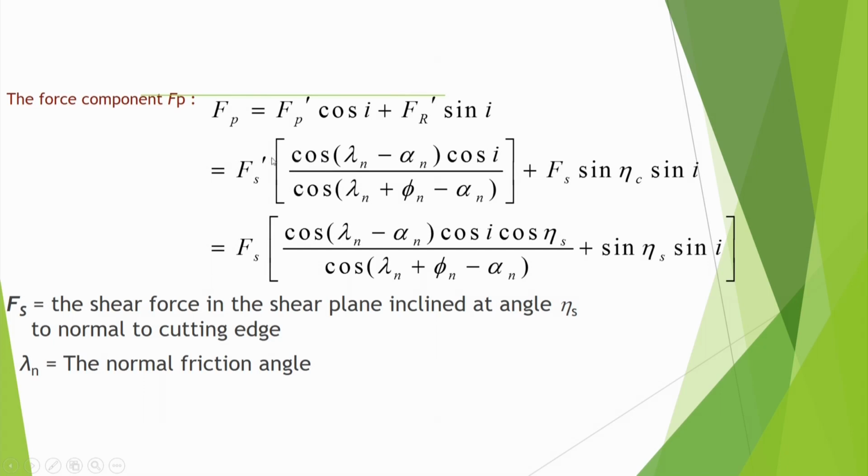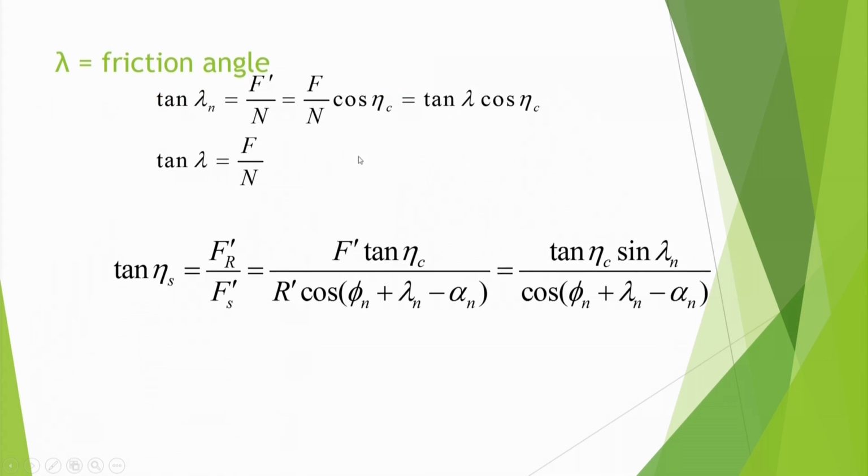So, by Merchant's type of analysis, you get this Fs dash, but Fs dash itself is written as Fs times cosine I. So ultimately you get this type of relation, and you can work it out, and lambda is the friction angle.